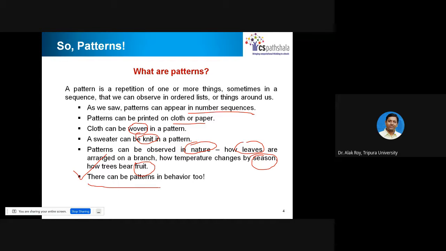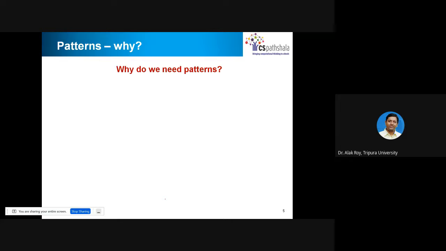There can be patterns in our behavior too. So what do class 4 students need to do? Tell them to look around in their nature and see what patterns they can observe. You need to motivate them on why they need to know patterns.